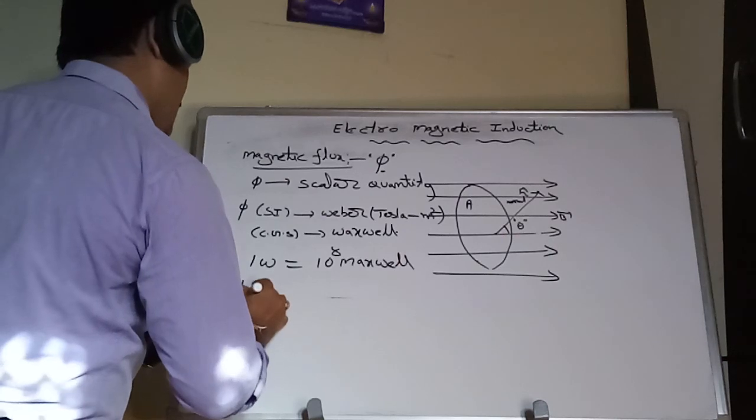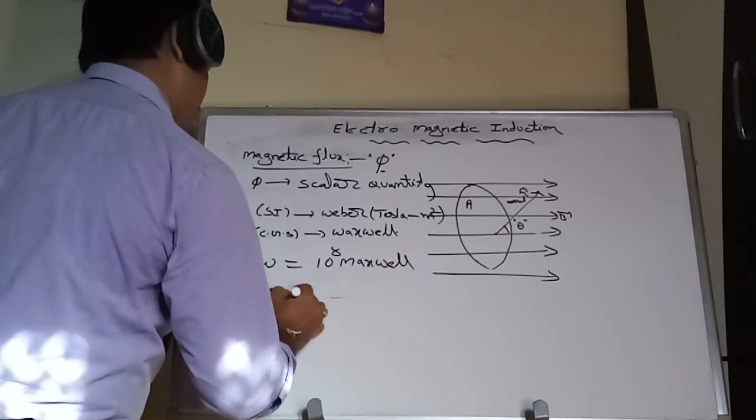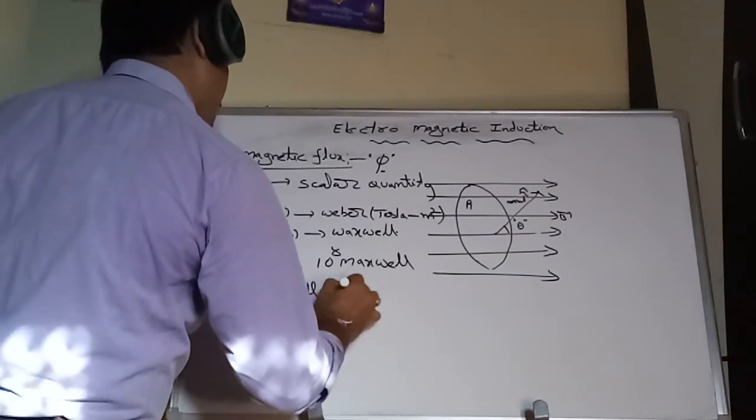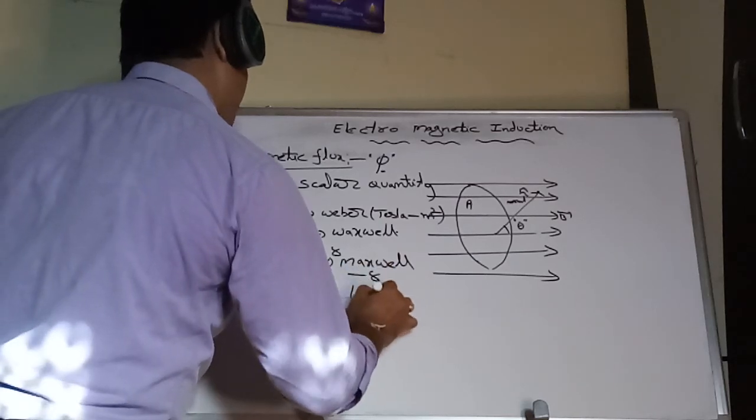1 Maxwell is equal to 10 power minus 8 Weber.